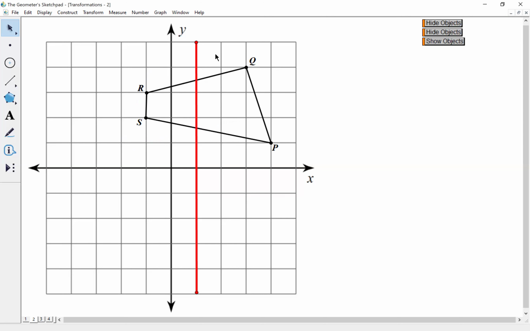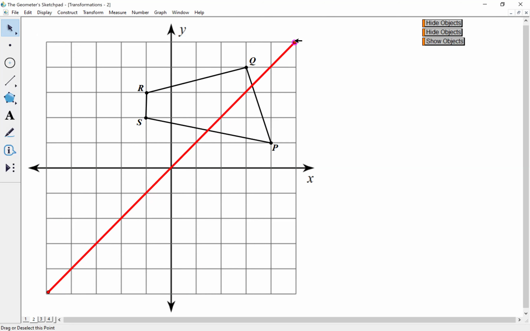Now, what if my mirror line is diagonal? This is what we call the y equals negative x line, right? We learn how to graph lines in Algebra 1. This is the line y equals negative x because it's going down, so negative x. What if I went diagonal like this, going up?